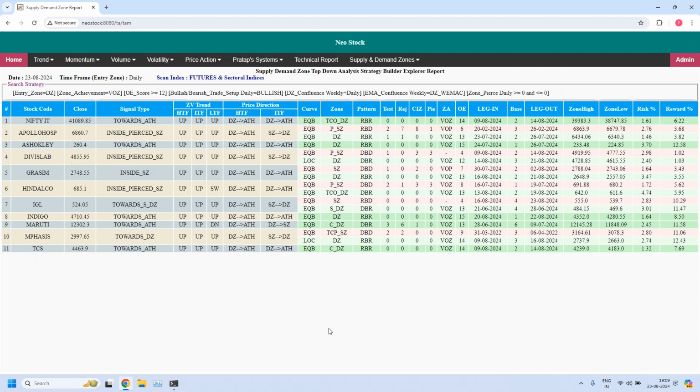All these 11 stocks are having monthly income trade and also having a daily and weekly demand zone confluence, and also the weekly demand zone is also having a weekly EMA confluence. This is EMA confluence. This is a demand zone confluence. See, this is the high probability trade setup within the monthly income trade bullish trade setup.